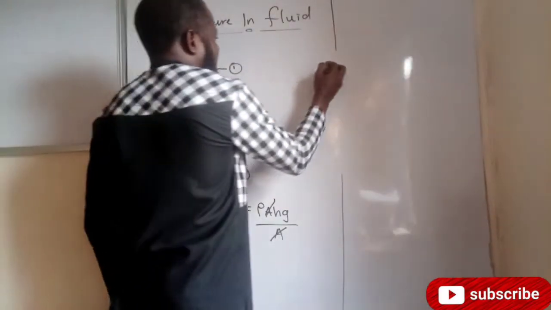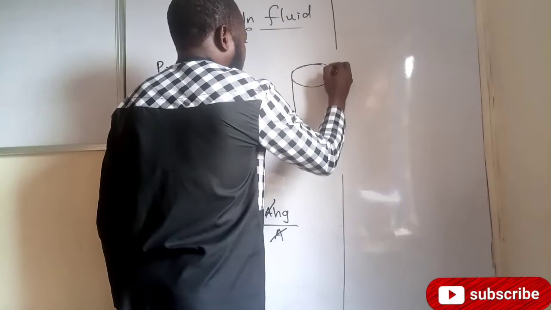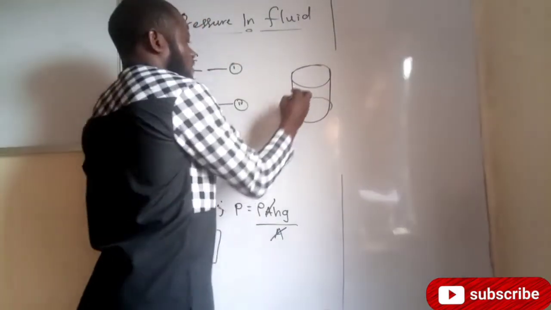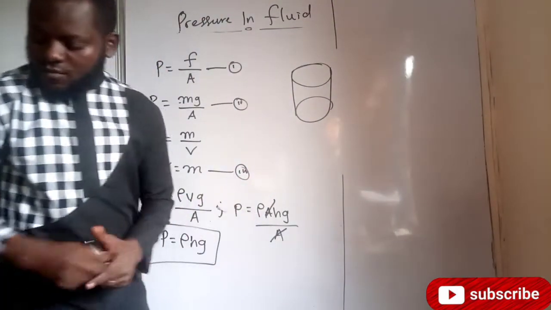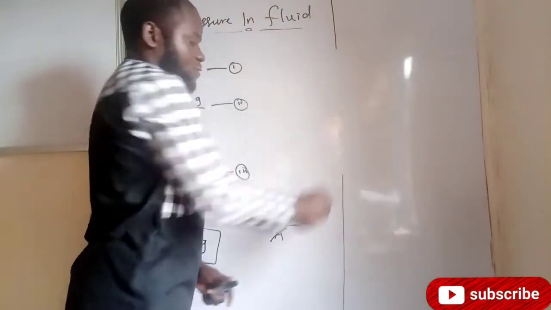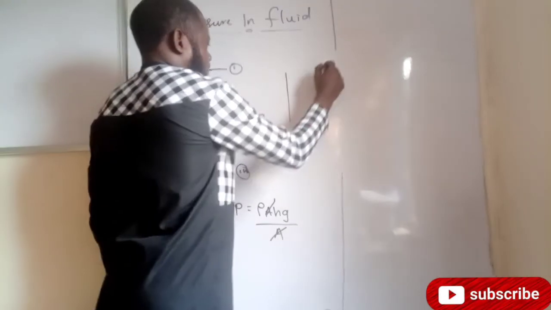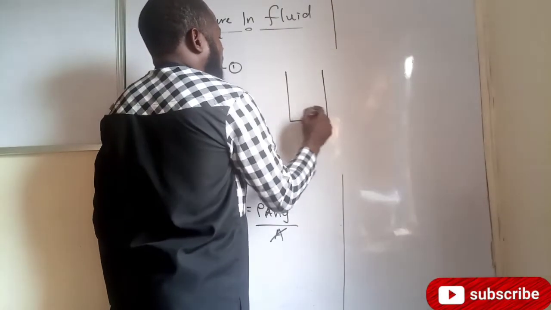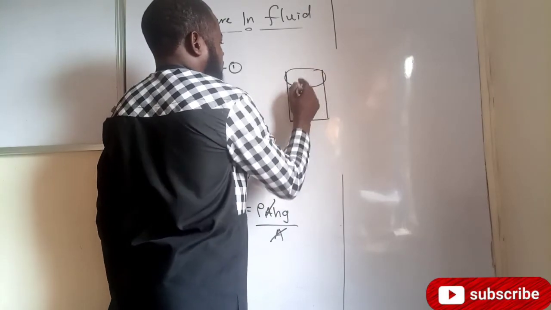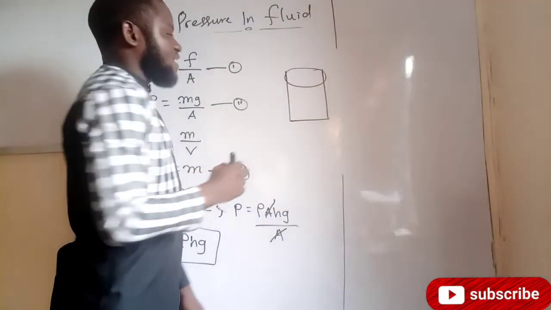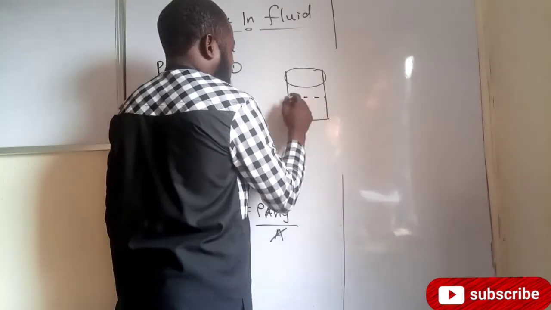Let's take for instance that I have a container that contains a liquid. I think I should use something like a column. Now, let's say this is the surface of the liquid. That is, the liquid gets to this point here.